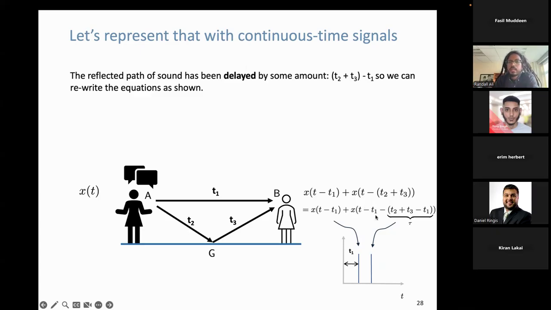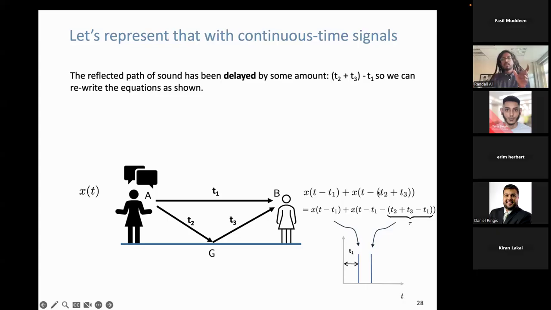Now I can rewrite this as x of t minus t1 minus, in brackets, (t2 plus t3 minus t1). If I were to add that up, I would get back the same signal here.